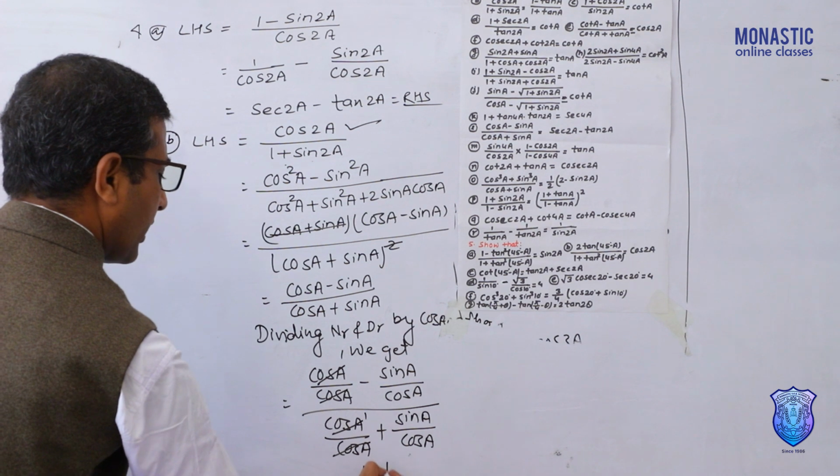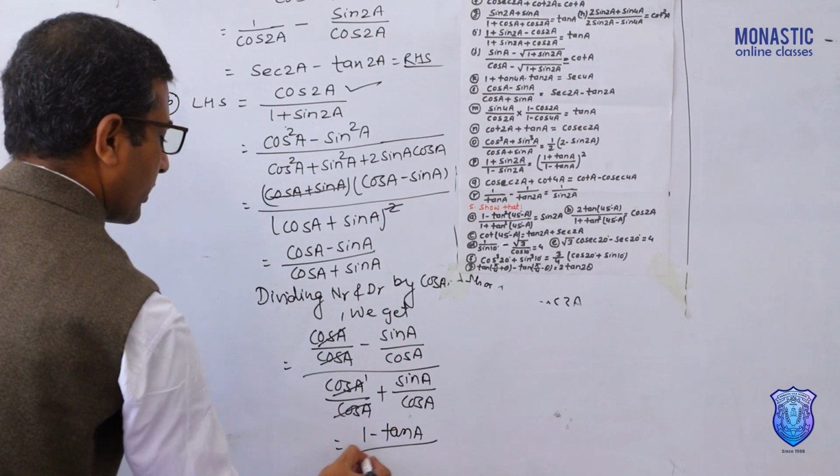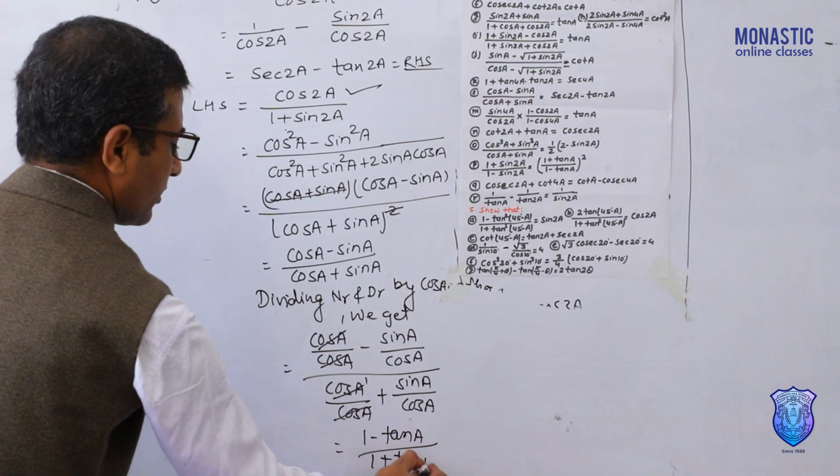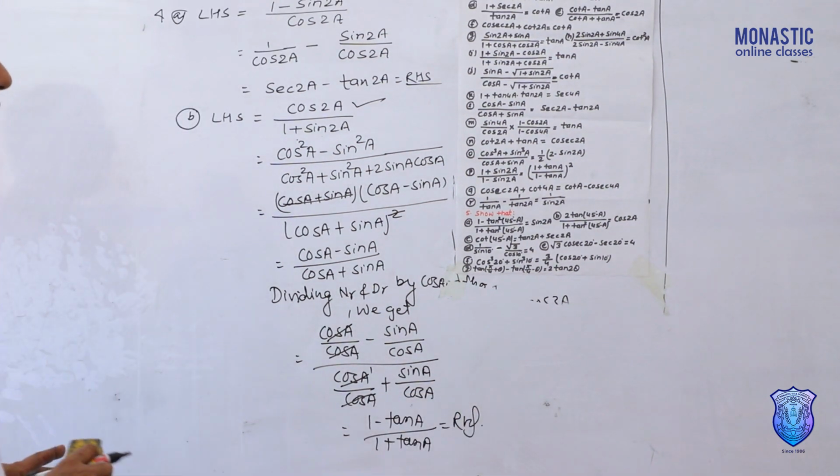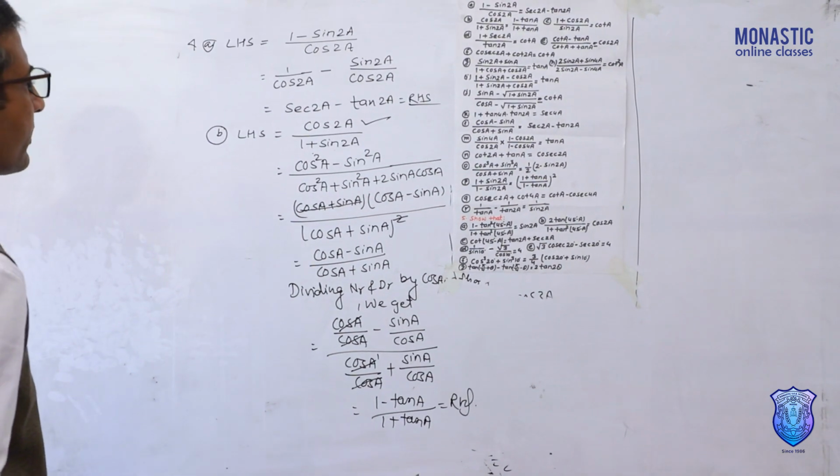It came 1 minus tan A by 1 plus tan A. So whichever you feel easier, you can use.